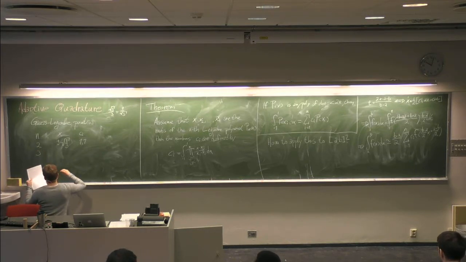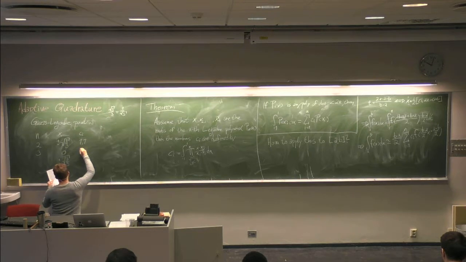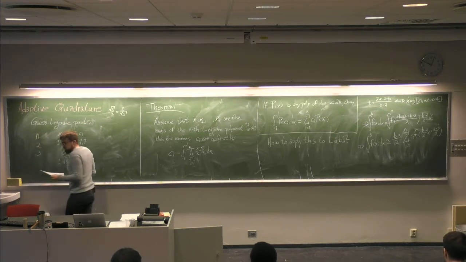When you have 3 points, you have 0 and plus minus the square root of 3/5. But then you have weights as well. So you would have 8/9, 5/9, and 5/9, like so.